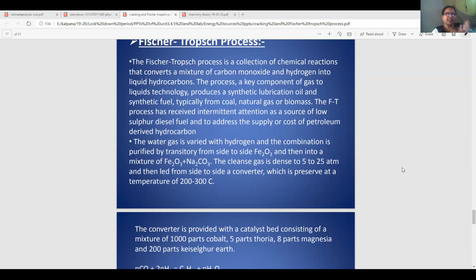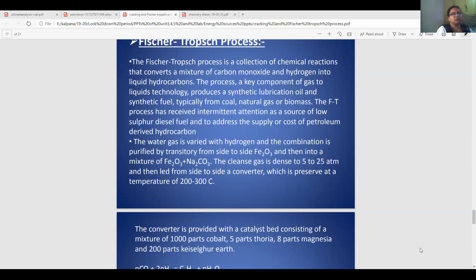Then it goes to another chamber at a temperature around 200 to 300 degrees centigrade. At that temperature, what happens?